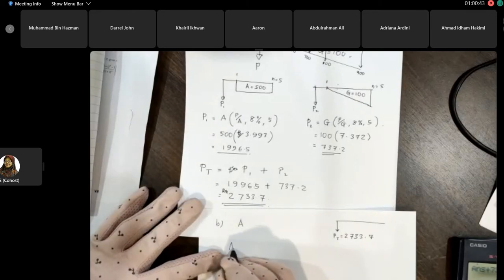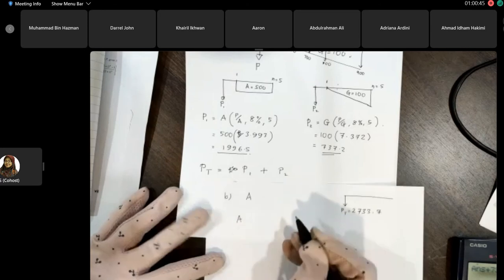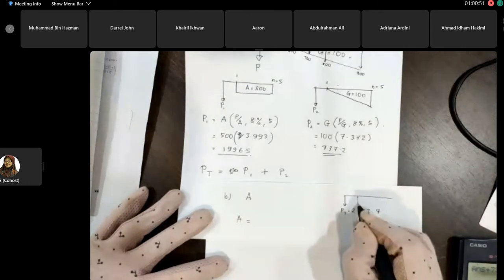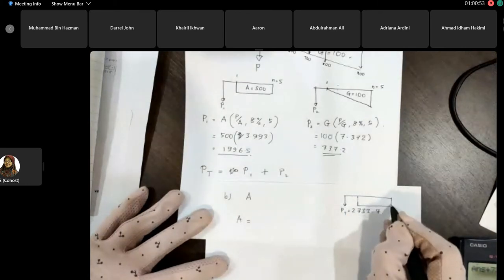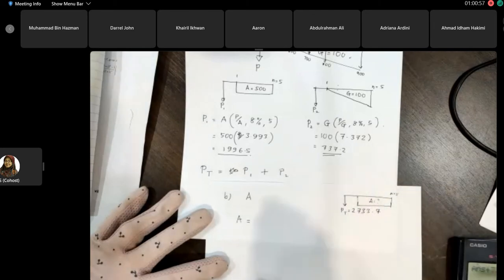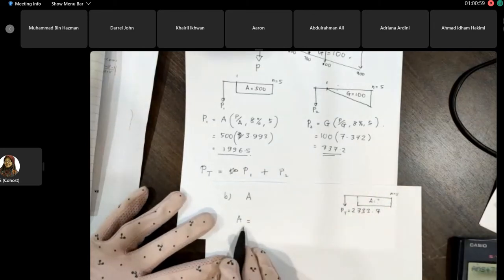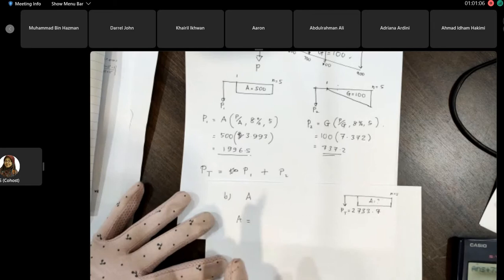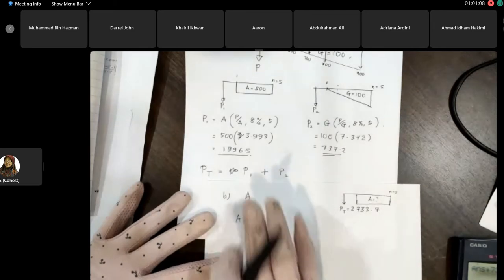So put the A here, equal to what? N is 5. So we want to find out A here. There are two methods to get this answer.